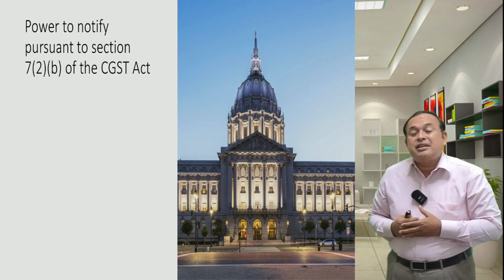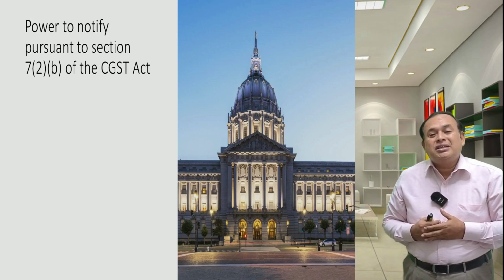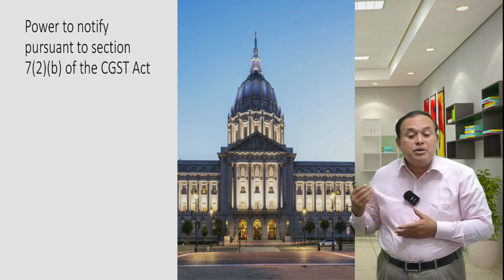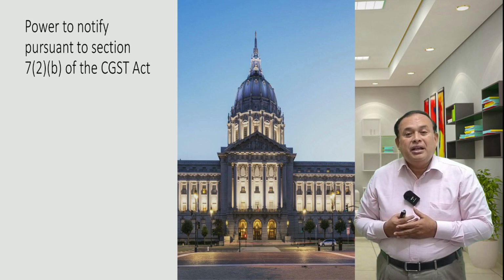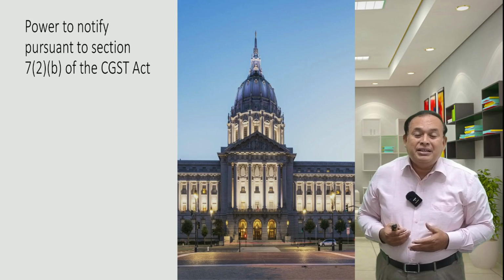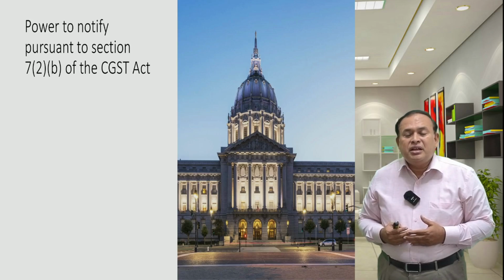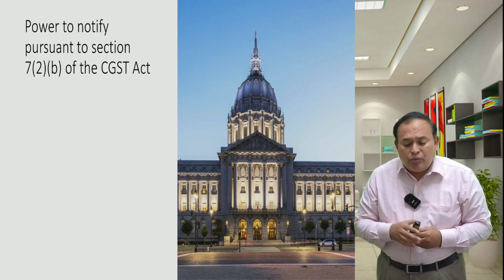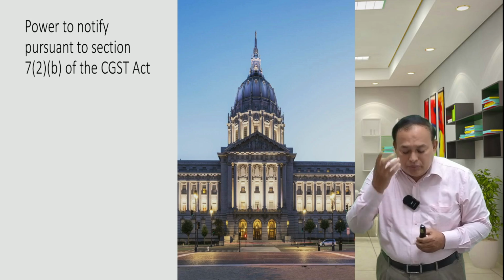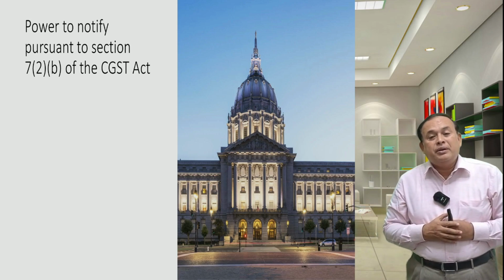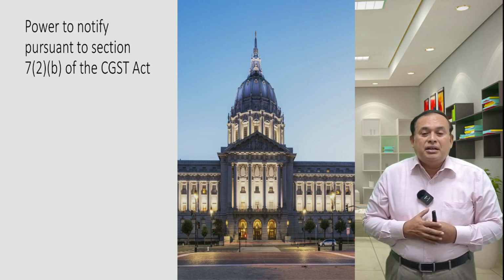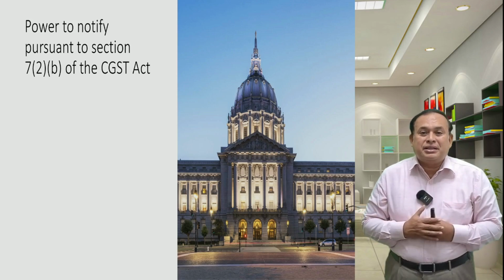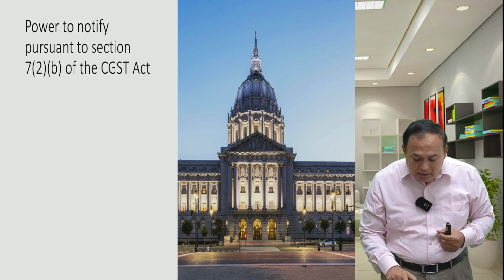Thereafter, section 7, subsection 2, clause B, power to notify. If you are providing services as a governmental authority, we used to call here services supplied by an authorized person. That I referred already to you.